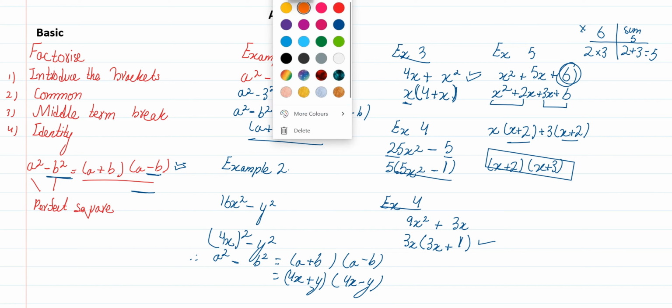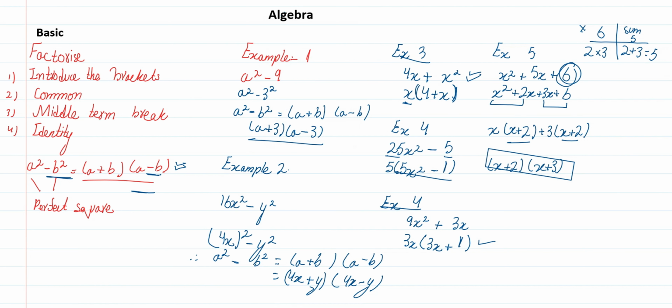Okay, now the other method. Let me tell you how to solve these questions. Look, this is the question. If you have to find the middle term, first you have to arrange the quadratic expression into the arranged form.